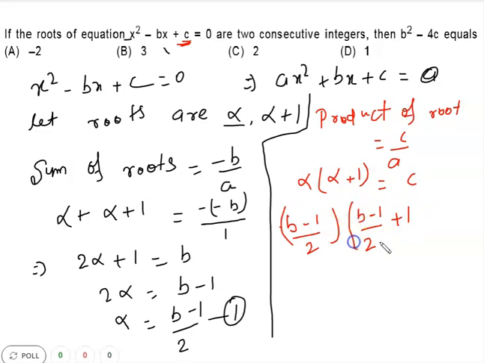Are you getting my points, guys? Equal to c. And when we take the common factor from both the terms, we can write 1 by 4 outside, and b minus 1, and after taking the LCM you will get b minus 1 plus 2, so b minus 1 plus 2 equal to b plus 1, right guys?